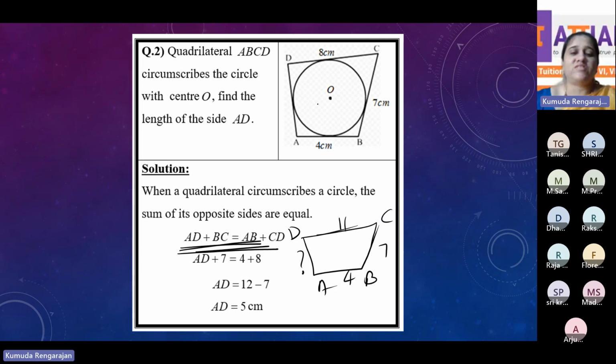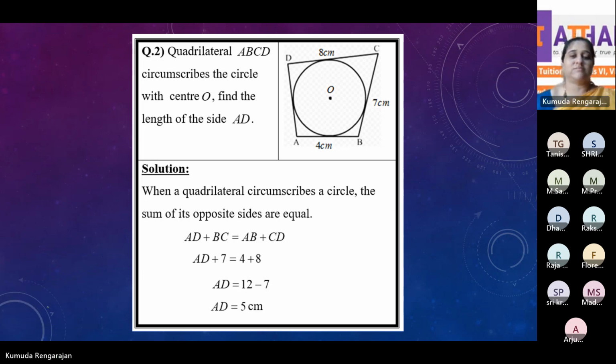That is, if the sides of the quadrilateral are tangential to a circle, the sides act as tangents to the circle. Only then this result holds good. Not for any quadrilateral.